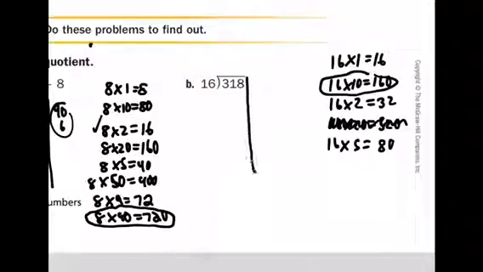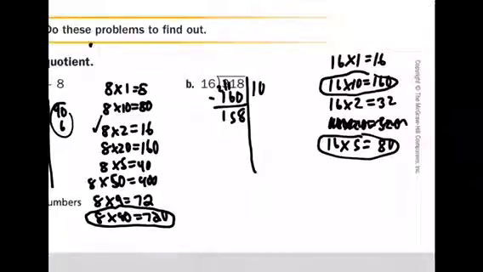So 16 is going to go 10 times into 318, which is 160. I'm going to subtract. And I'm down to 158. Now 16 can't go 10 more times, so I'm going to use the 5. 16 times 5 is 80. Subtract. 15 minus 8 is 7.